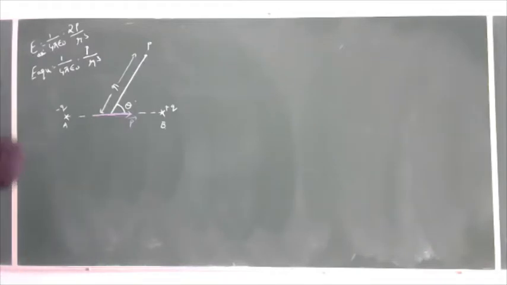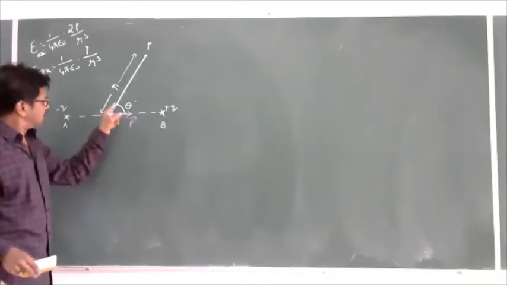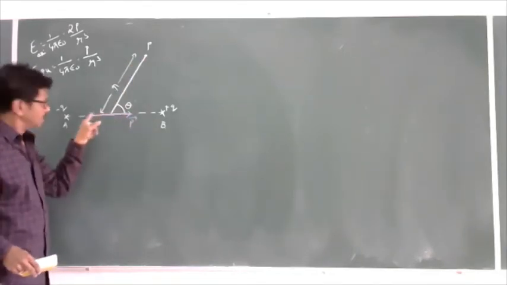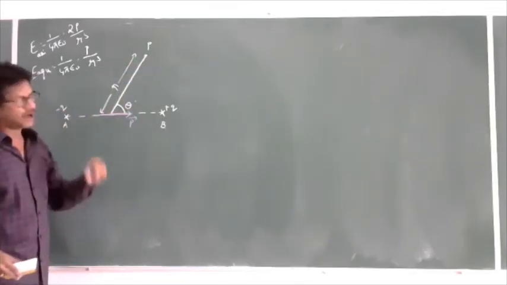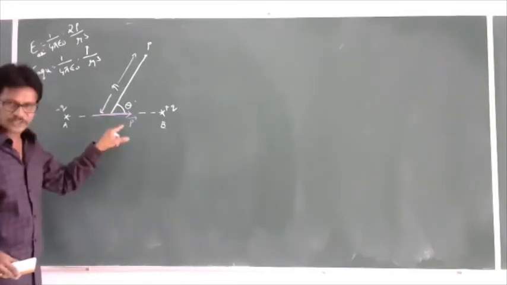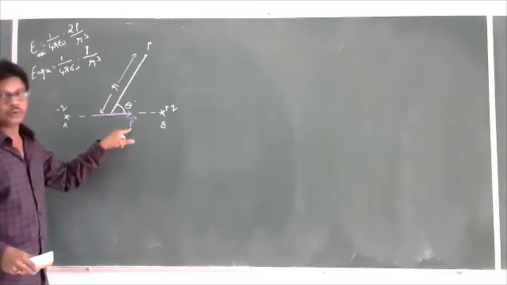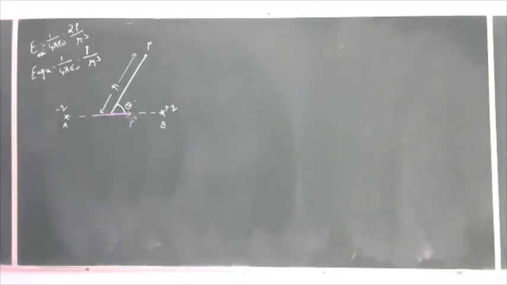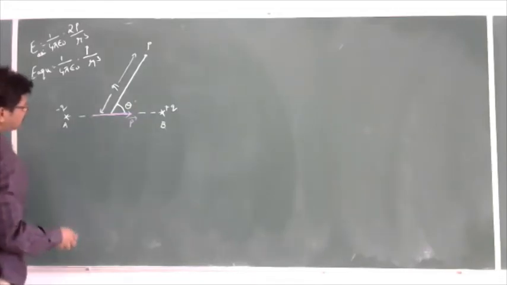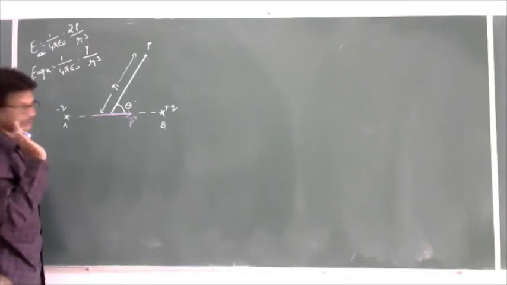Now here, this dipole makes an angle theta with this line. So I would like to resolve this dipole moment. Since it is a vector quantity, I would like to resolve it into two rectangular components. Those two rectangular components must be perpendicular to each other.